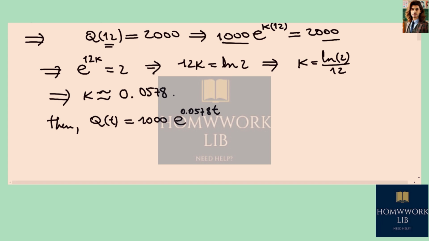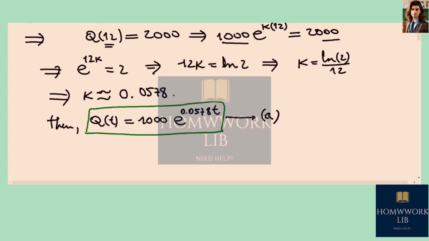So we have completely determined the function q using the two pieces of information about the initial number of bacteria present and the behavior of the number of bacteria, that is, that it doubles after 12 hours. So this is part A.